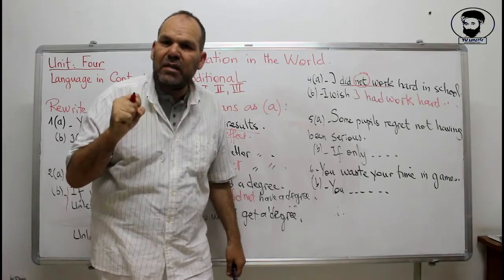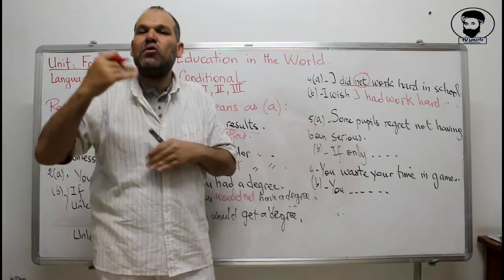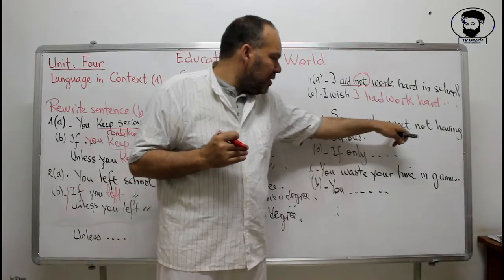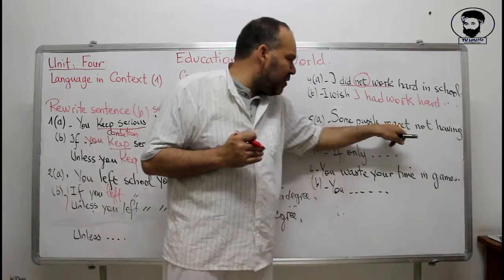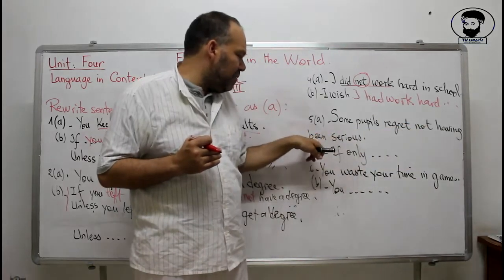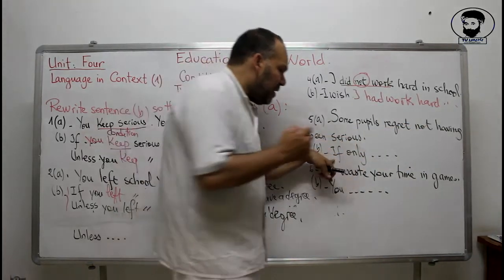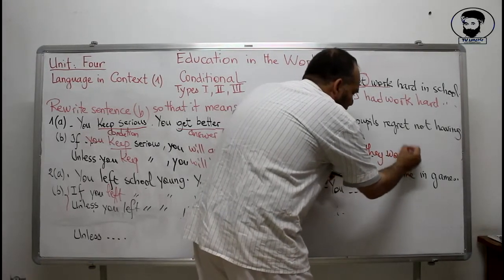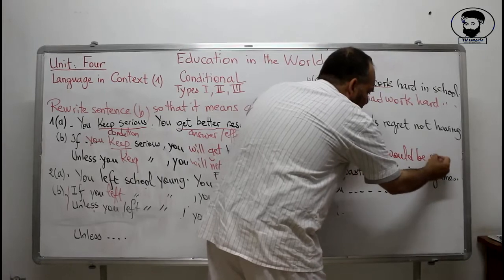And a strong regret means it's impossible to change anything. So if only, some pupils regret not having been serious. So if only they would be, remember, would be serious.